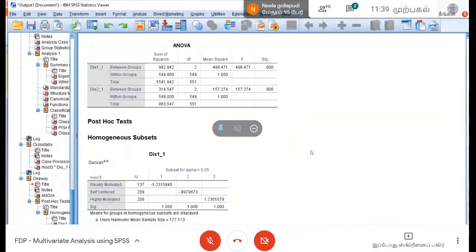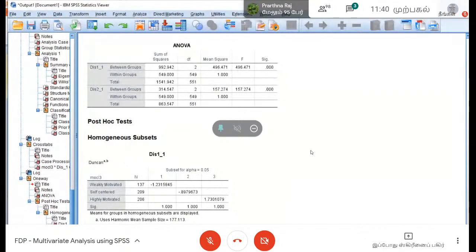Covariance divided by standard deviation of X times standard deviation of Y. So there is not much difference between the structure matrix and the standardized coefficient. There will be a small difference in value because of the calculation, but the interpretation of significance will give the same result. You will not get a different one.